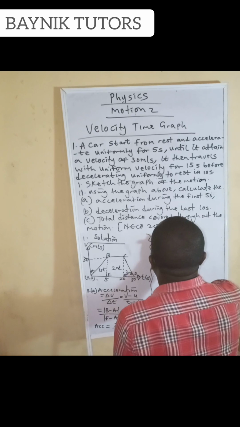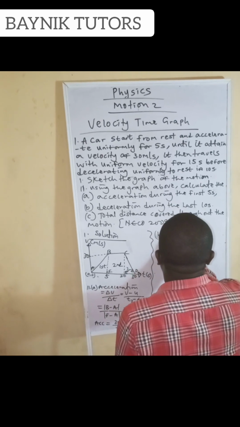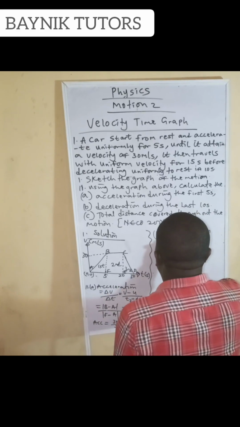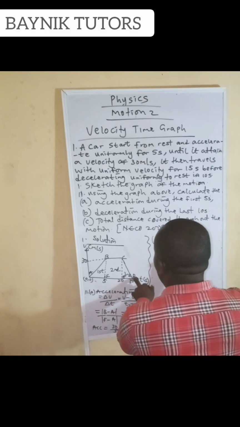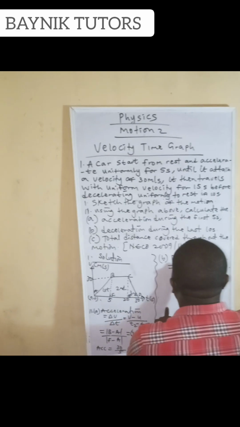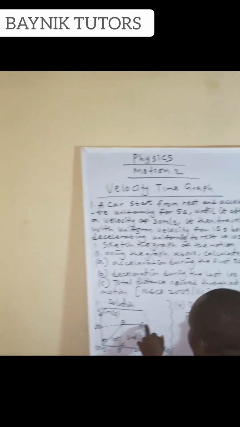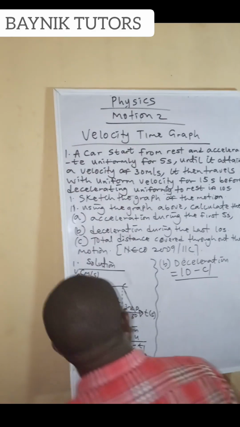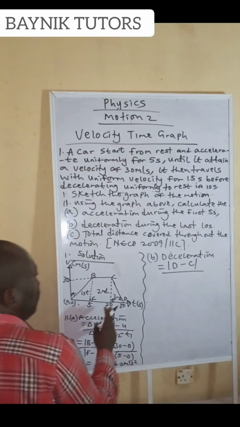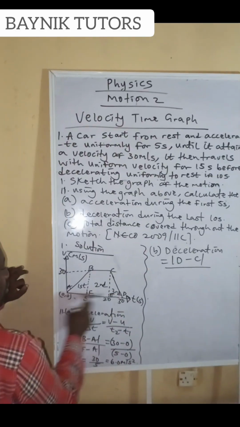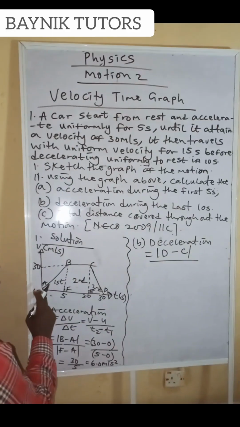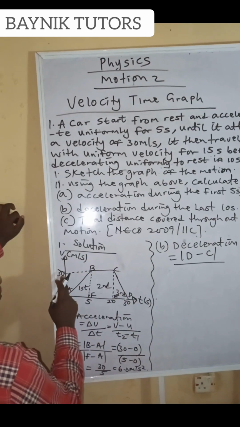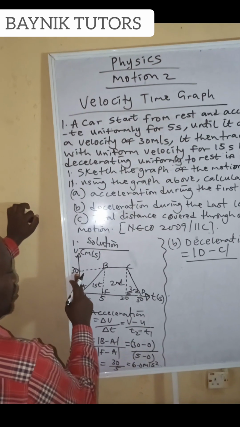We move to B. We are told to find the deceleration, which is negative acceleration. So our deceleration will be D, which is 0 for the velocity, minus C, which is the initial velocity, over, we have D, 0, we trace it to 0. D is for both 30 seconds and 0 meter per second for the velocity, while C is for 30 meter per second initial velocity.